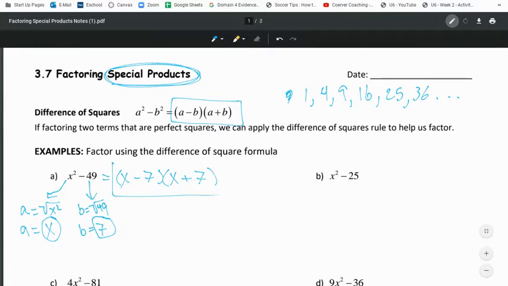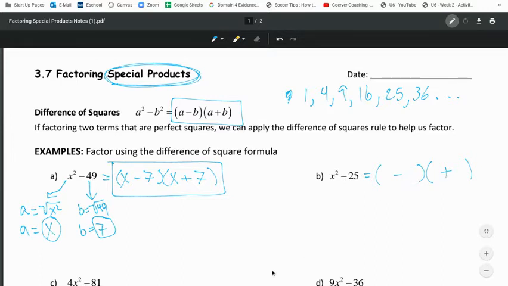I'm finished. Essentially, when I recognize this is the difference of squares, I'm taking the square root and then filling in. For instance, B. I know that, again, this is the difference of squares, so I'm going to have two factors with opposite signs.